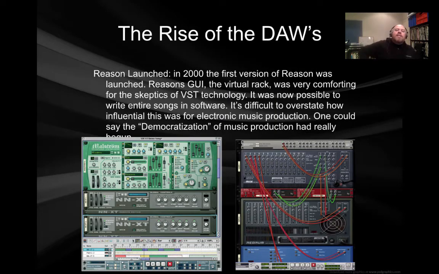So next up, in 2000, Propeller Heads released Reason. So this was the very first version of Reason. The virtual rack was what made it so popular. If you understand that beforehand, everybody who was working within electronic music was buying synthesizers and sound modules and drum machines and controlling them from the computer, now these things were inside the computer.